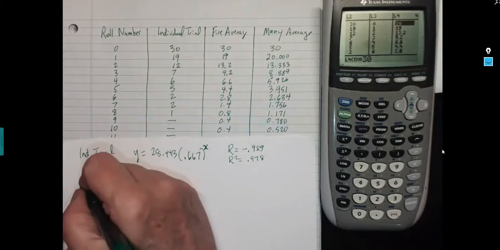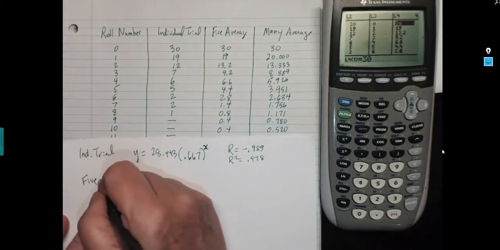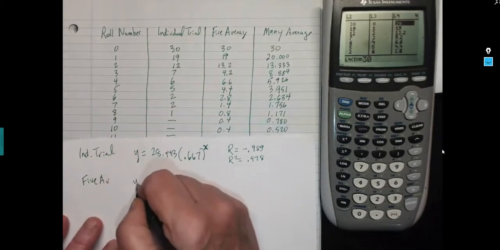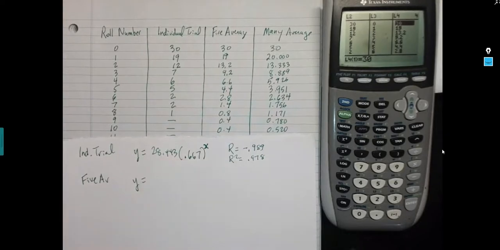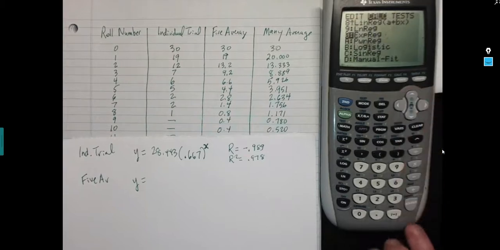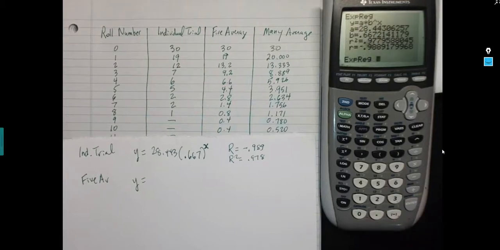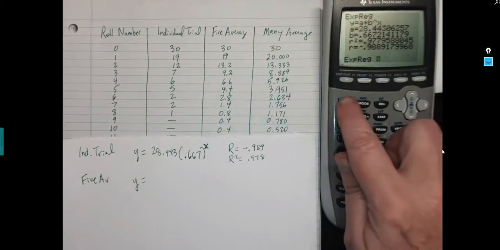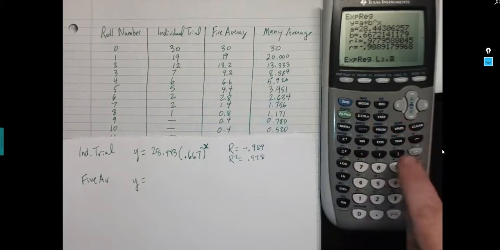So now for my 5 trial average, I want to get the equation of best fit, so I'm going to have to use list 3 and list 4. So press Stat, go to Calc, scroll up until you get to Exponential Regression, and we want to use list 3 and list 4. Second 3, comma, second 4.